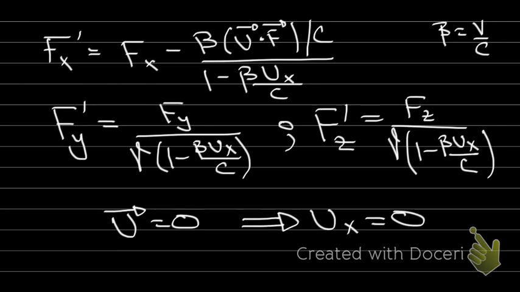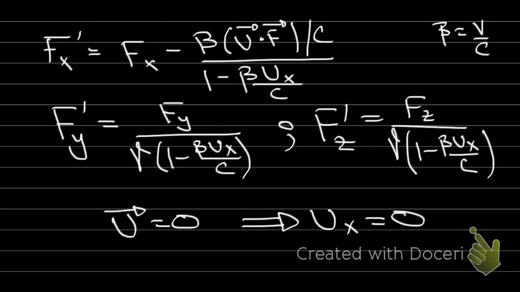Okay, so from here now, first let me go forward to the next page, right? So from this we have my fx prime is equal to fx, because I have substituted for ux being equal to 0, and so is my vector u, in this equation, right?